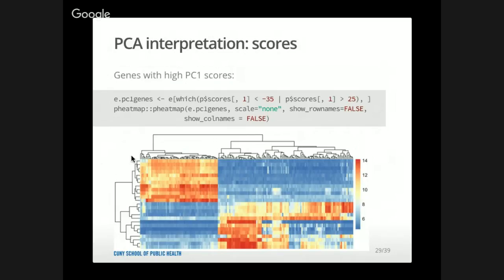No, so the rows are genes. This horizontal row, this is a bunch of genes. So one gene has one score, and it's either positive or negative. And all of these genes, because they have the same pattern, will all have positive scores or all have negative scores.